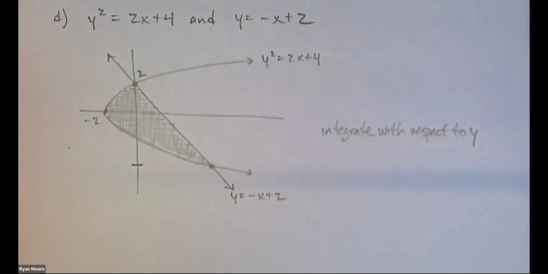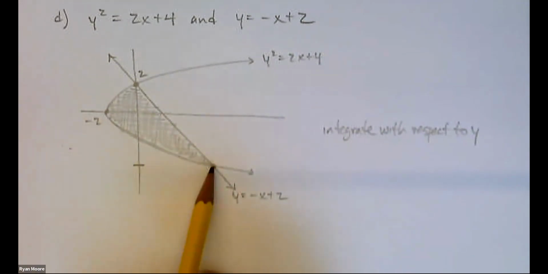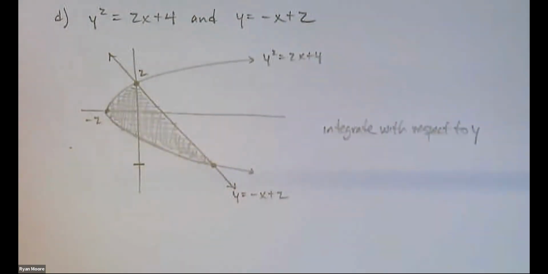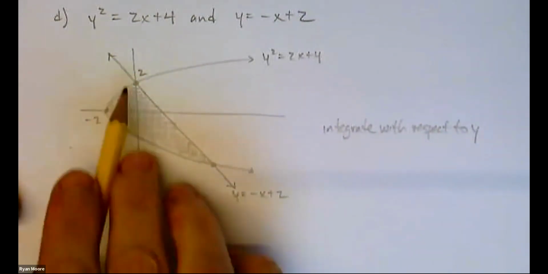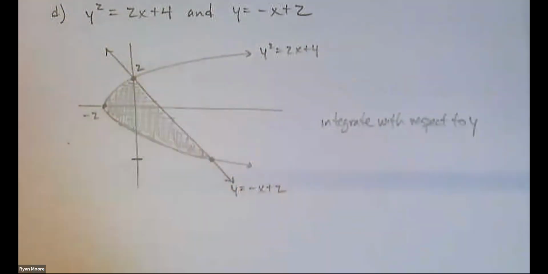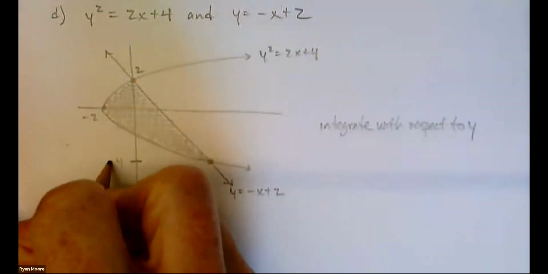Okay. First thing, let's figure out where these intersect, but we have to figure out the y value where they intersect. Here we know they intersect at 2. Where did these cross on the y value? If you look back at the graph on Desmos, they cross at -4.